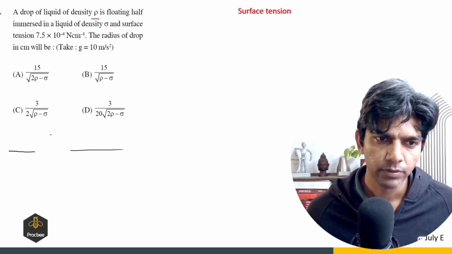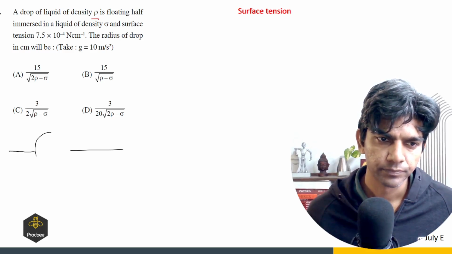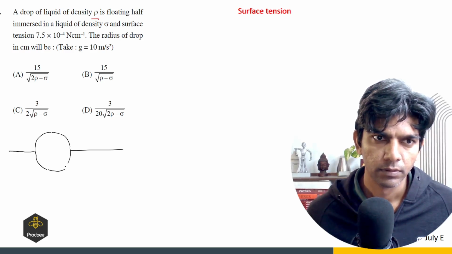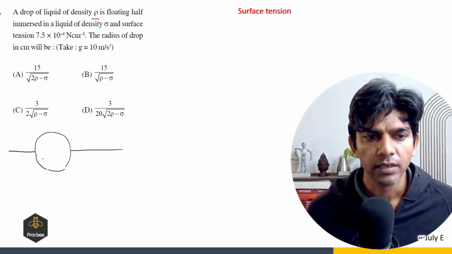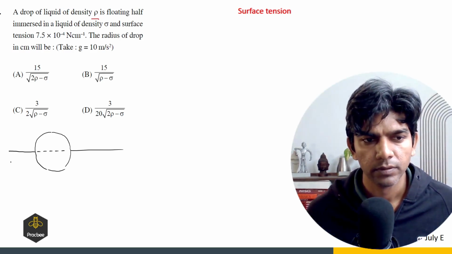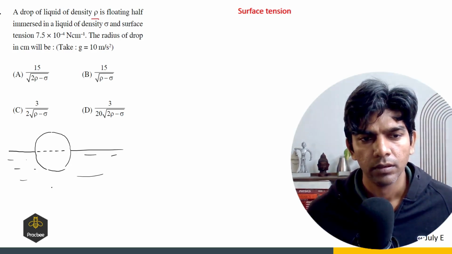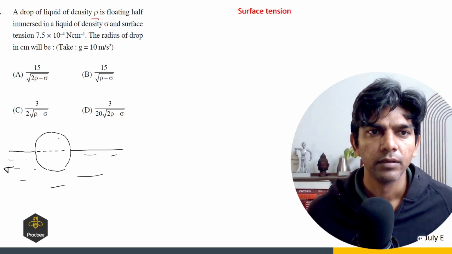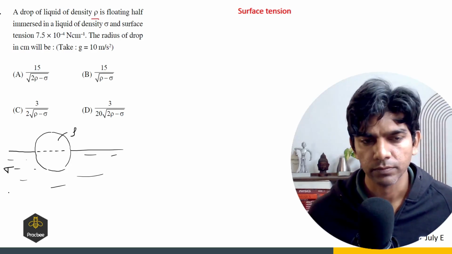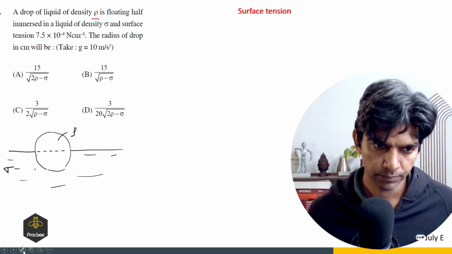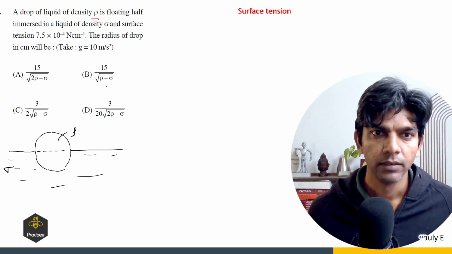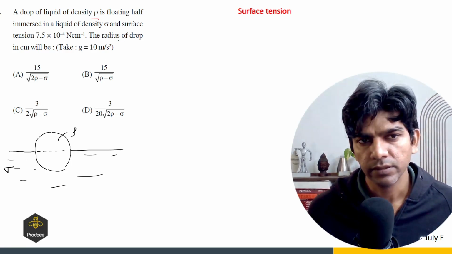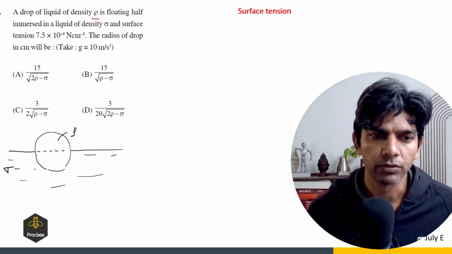So there is a drop, and it is half submerged. Liquid has a density sigma and the drop is having a density rho, right? Surface tension is given and we have to find the radius of the drop.